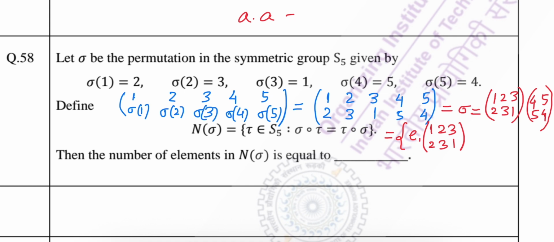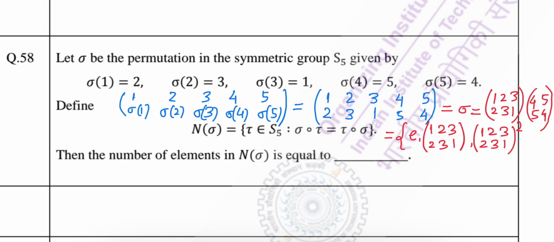The next will be its power, that is 1 2 3 2 3 1 to the power 2, okay. We cannot write the power 3 of this, because power 3 of this will give you the identity element, and we have already included the identity element, so we will not take the power 3 of this element, okay.